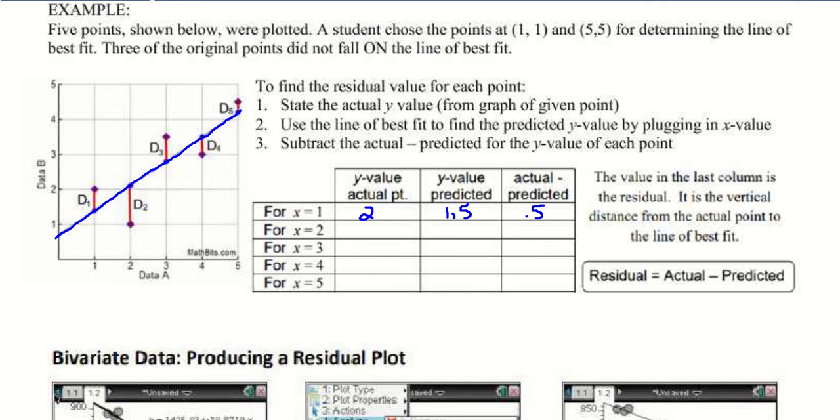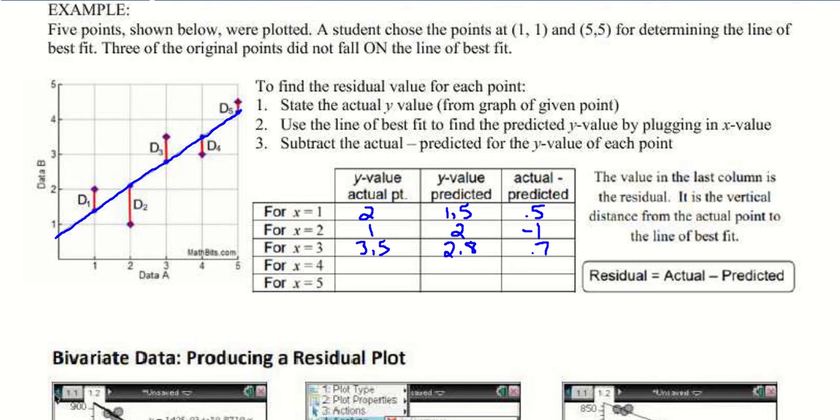For x equal to 2, you can see our actual value is 1, the predicted value is 2, and so the difference is -1. For 3, you can see that the actual is 3.5, but the predicted from the line is, we'll say, 2.8. You could say 2.75, but we'll say 2.8, and this is a difference of 0.7, and it's positive.